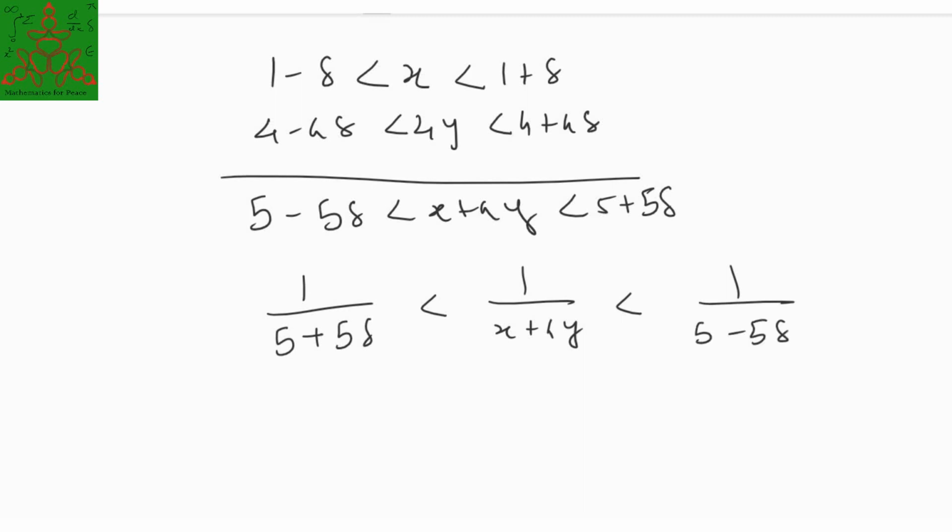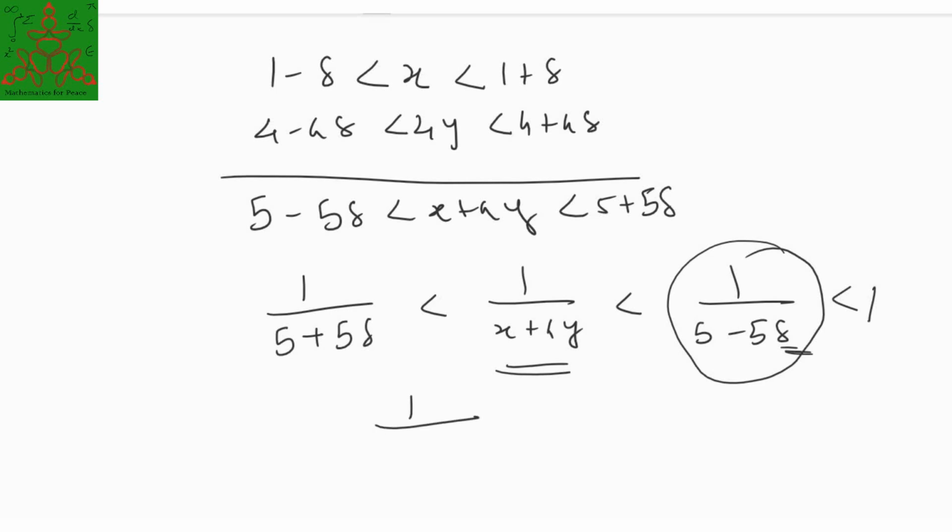If you take the reciprocal here, you will have this. Now what you require is that this quantity should be less than delta, which depends on delta. So if I choose this as less than delta, then I can find out what should be the condition on delta, so that I can show this quantity is less than delta. Okay, so you got the point.